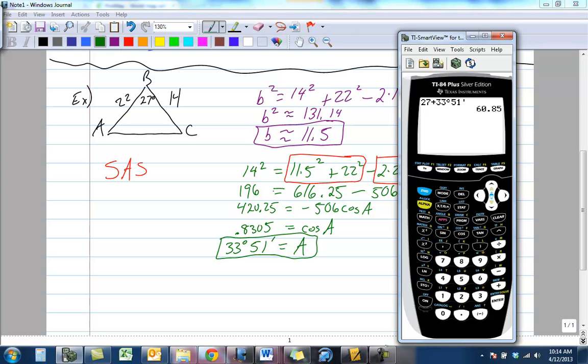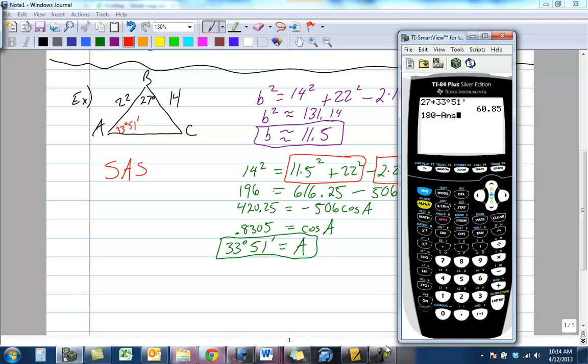So far, angle B plus this 33 degrees, 51 minutes only adds up to 60 degrees. In a triangle, what is the sum of all three? It's 180, right? So it's going to be 180 minus the sum of these two, which was 60.85.